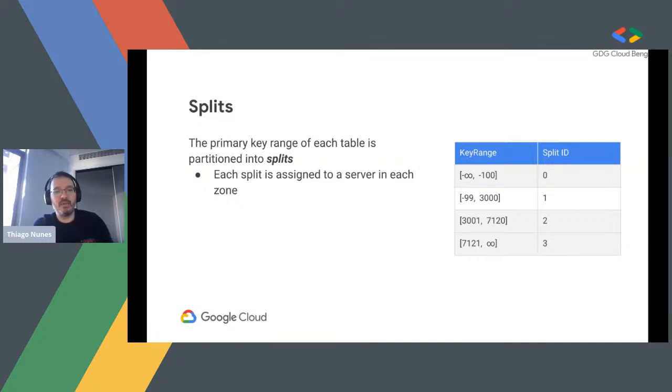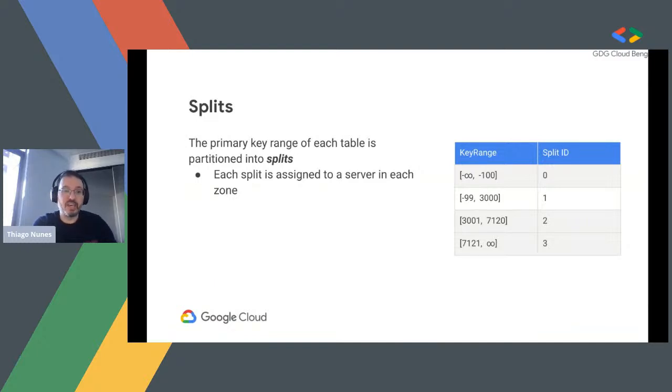Basically, your tables are going to be partitioned into chunks, which we call splits. In order to do that partition, we use the primary key range of your tables. So in the example here on the right, we basically have a table with an integer primary key. So the key range varies from the min int to the max int, so minus infinity to plus infinity, as they're represented here.